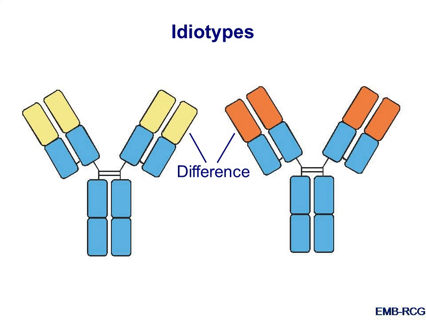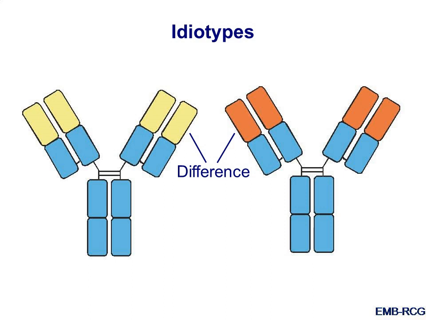But the variable regions are shown in different colors. That means the amino acid sequences in the variable regions of these two molecules are different. So here we have two molecules belonging to the same class, having the same constant region, but having different antigen recognition sites. So these two molecules will identify and bind two different antigens.